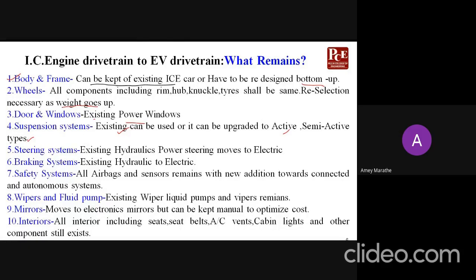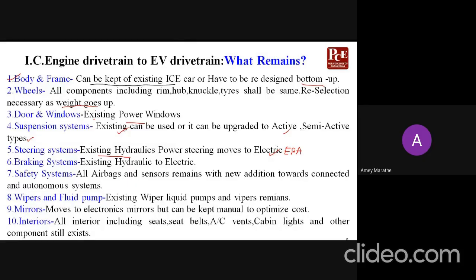Steering systems. The steering system remains, but the existing hydraulic power steering now moves to electric power steering. You have seen slowly all the vehicles have electric power assist. That is how they are moving component by component. All the companies are moving to this.